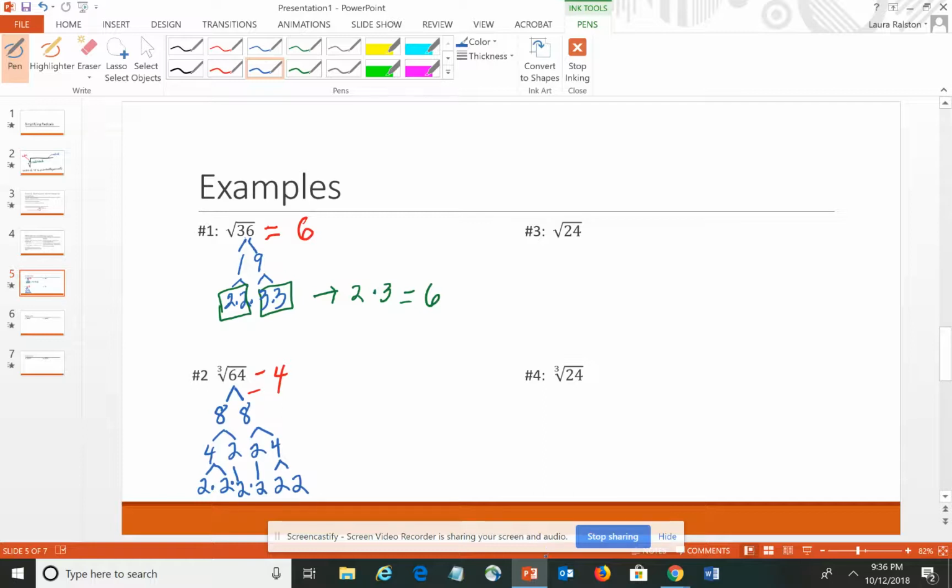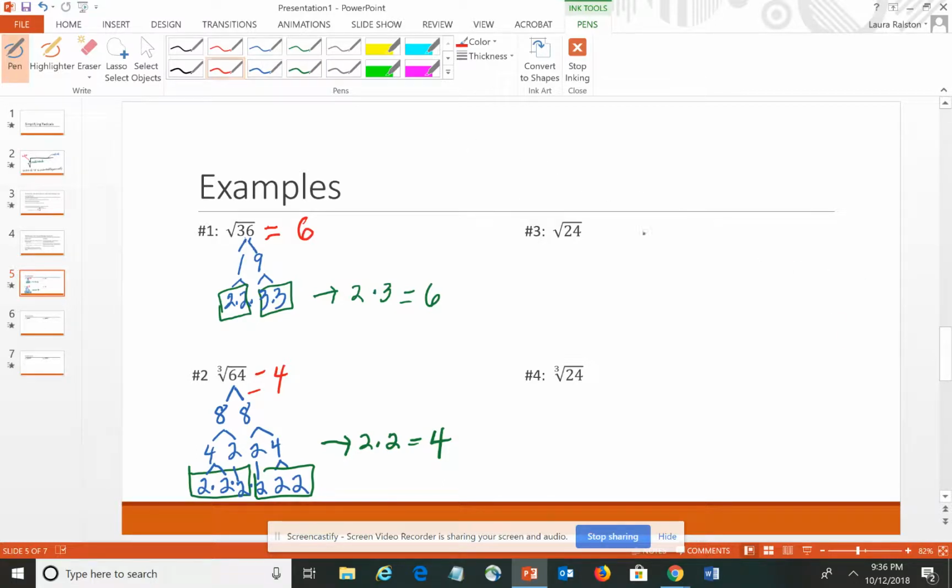I have a string of 2s, and I'm looking for sets of 3 because my index was 3. There's one set of 3 and a second set of 3. So I'm going to release two 2s, and 2 times 2 is 4. So the cube root of 64 is 4.